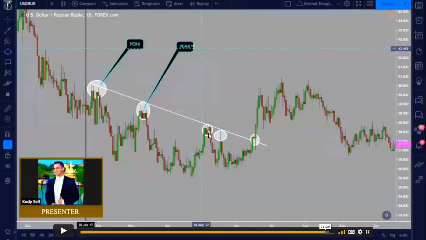So if we were going to include our outermost boundary after this play happens, we would move this trend line to catch this wick right here. Does that make sense to everyone?